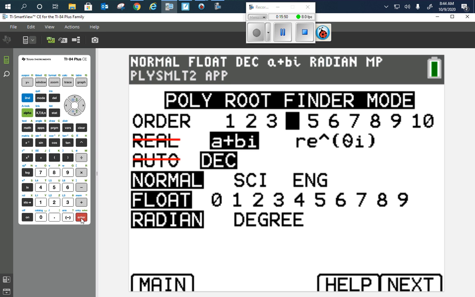Meaning, if I tell you that 2 plus 3i is a root, you're supposed to automatically know that its conjugate is also a root. What would its conjugate be? 2 minus 3i.